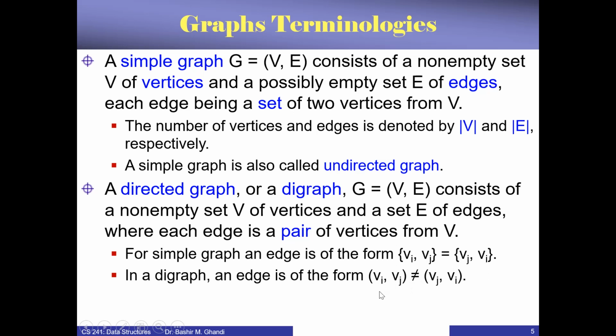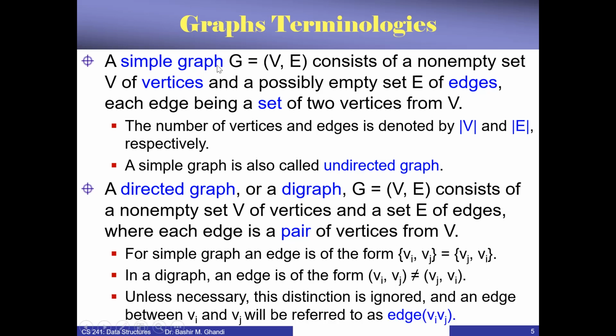So the edge has a direction, from the first vertex Vi towards Vj. When we draw such an edge in a graph, normally we put an arrow to indicate the direction, whereas for a simple or undirected graph, the edges will not have any arrow.